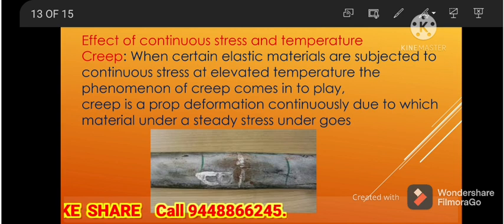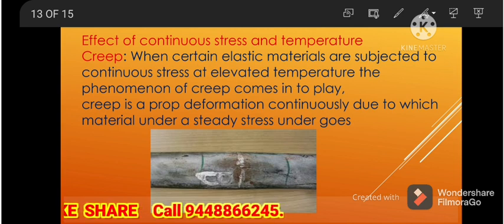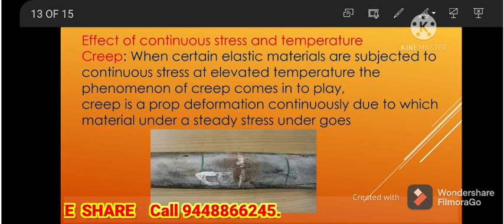With high temperature and high stress, for a long time, creeping takes place. Creep is the continuous deformation that a material undergoes under steady stress. This is one of the most important properties of a material at high temperature and high stress. We must know that creeping takes place at high temperature.